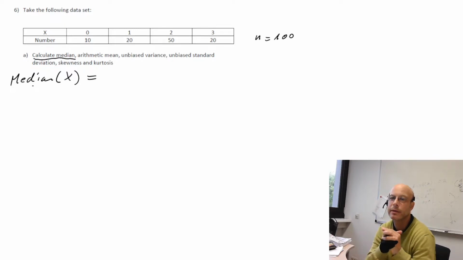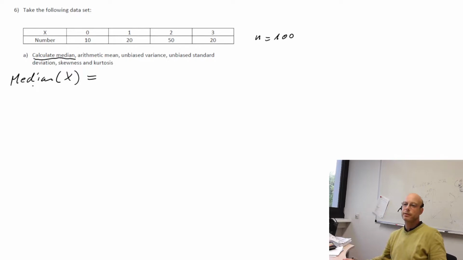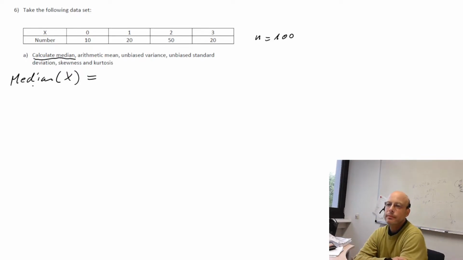So you have to put your numbers in a row from the lowest to the highest. And then which number is in the middle. So we have 10 times zeros.